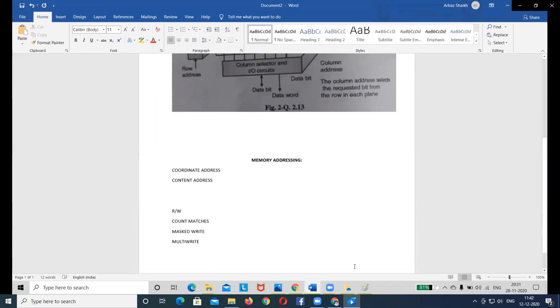Then store. In store, a data word is written into an empty location rather than a selected one.